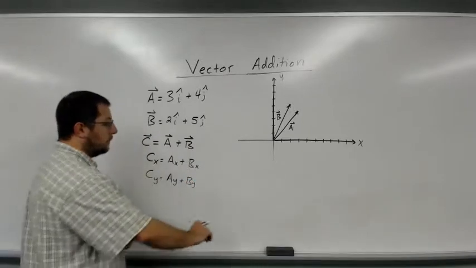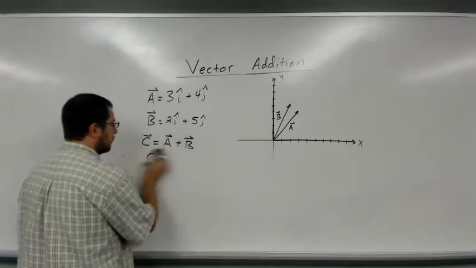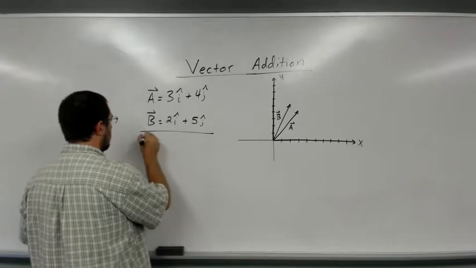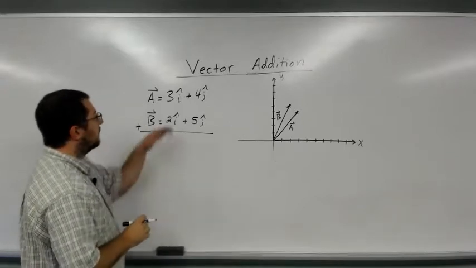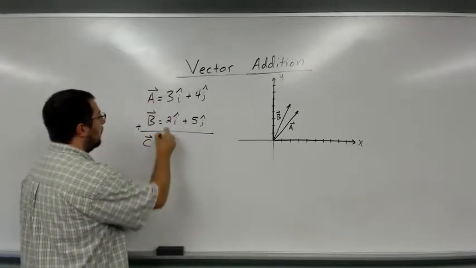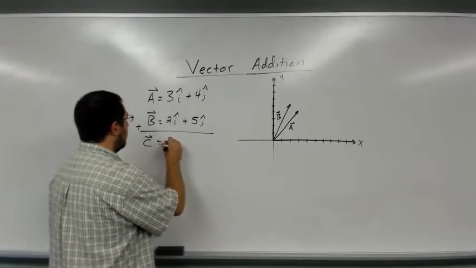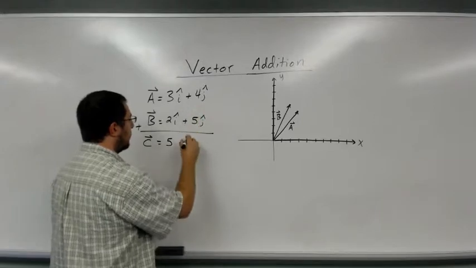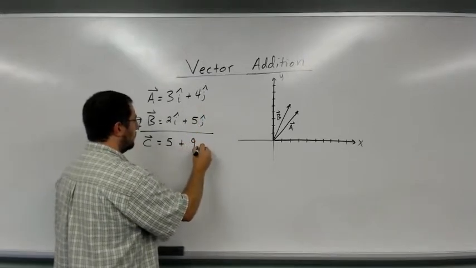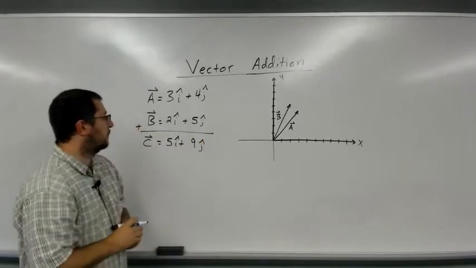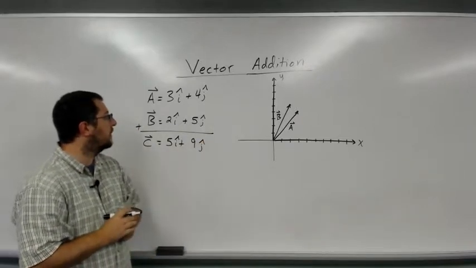Okay, so for example, if I add these, then I'm just going to add straight down, and I'm going to say 5 plus 9. And again, I'm going to include my hats. So 5 and 9, okay?